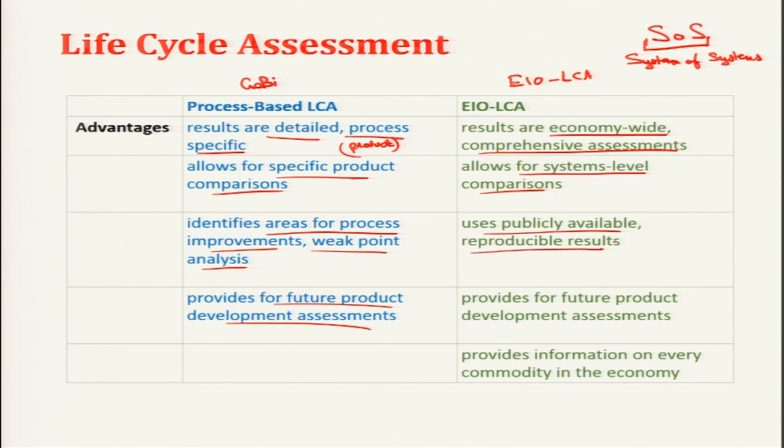This is an online tool which is publicly available. The only thing is that we need to quote whatever they say here. This is also taken from the EIOLCA.net website. Right? So it provides for future product development assessment as well. It provides information on every commodity in the economy.